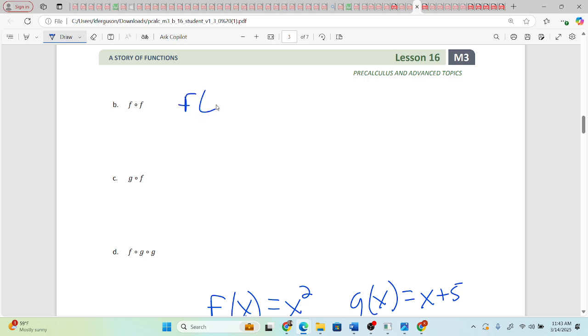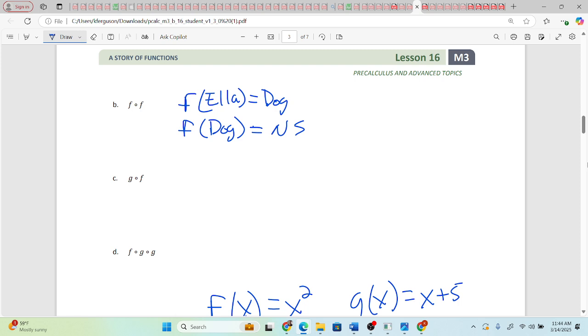So if we talk about g of Ella, Ella's favorite animal is what? A dog, right? And then I said f of dog, right? That's gonna give me no solution, because we need to put in a person's name for g, and that's going to give us their favorite animal, right?